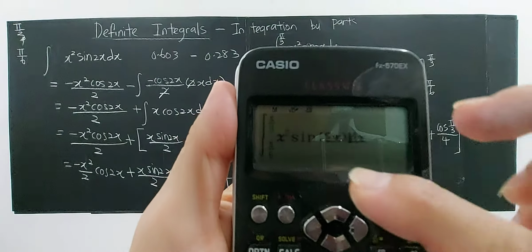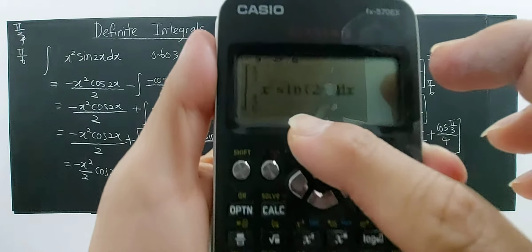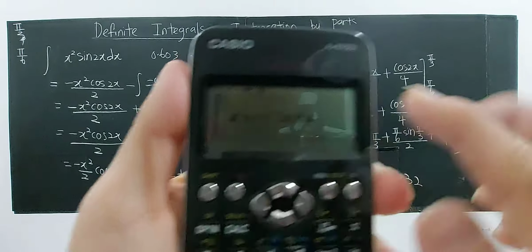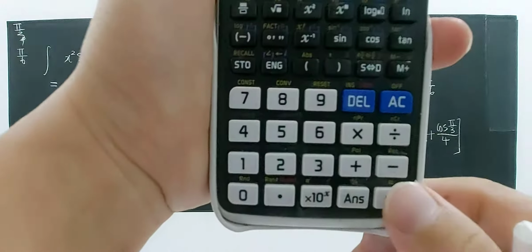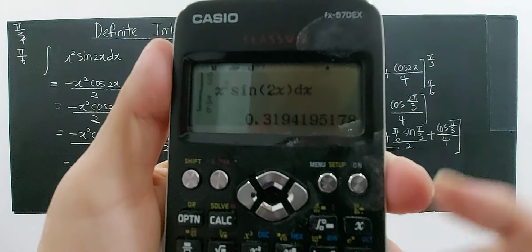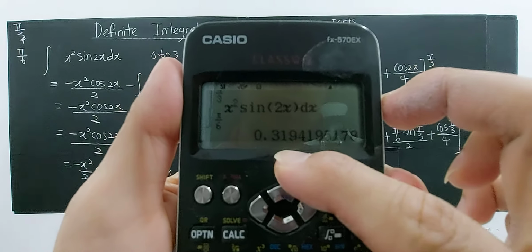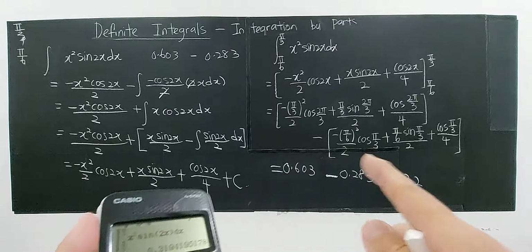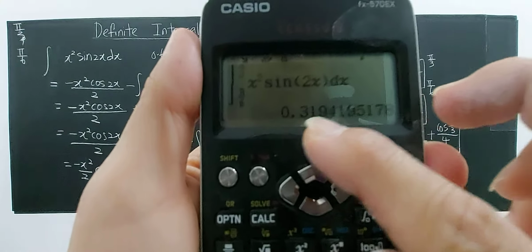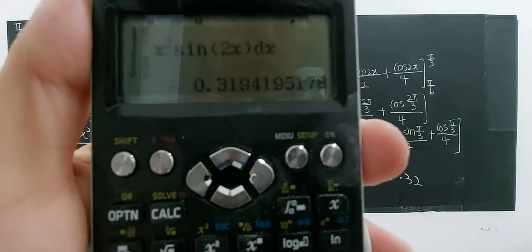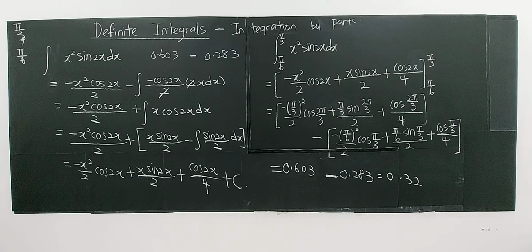Make sure your calculator is in radian mode, then key in exactly the same. You can directly get that answer, okay? Pressing equal, you're getting 0.3194. This is more exact, but because just now I have already rounded off, if you round off this, you are still getting the same, 0.32. Alright, I think that's all for this video.